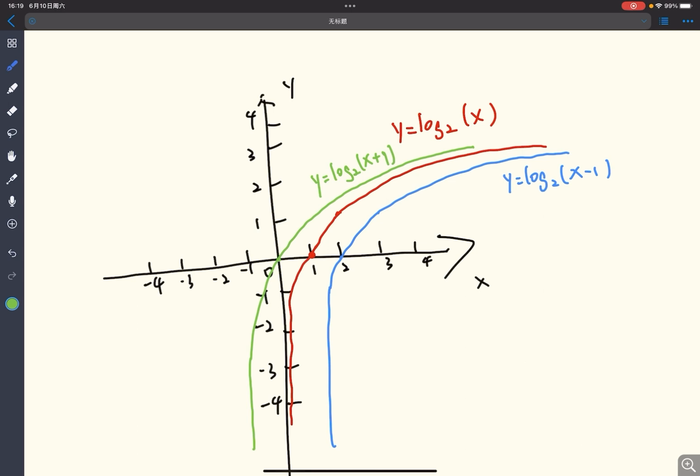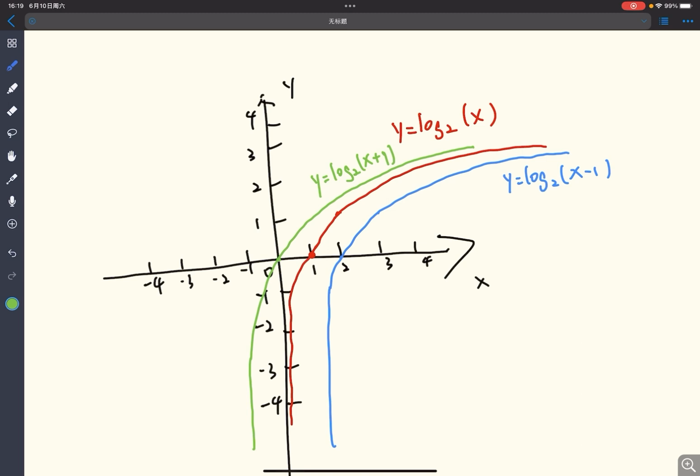On the other hand, if we replace x with x plus h, the graph will shift h units to the left.